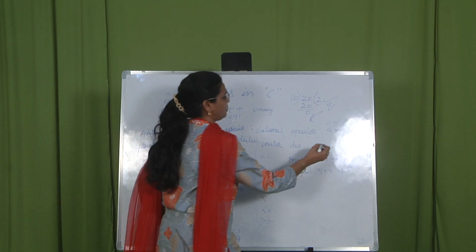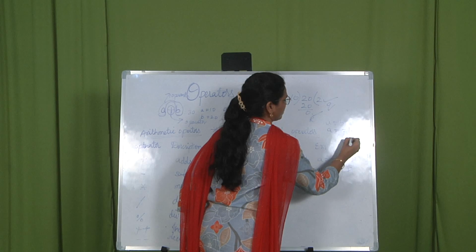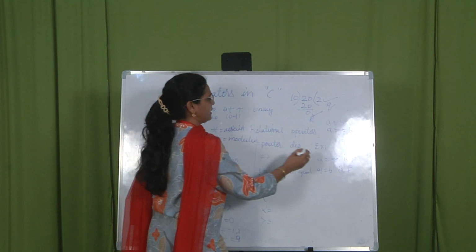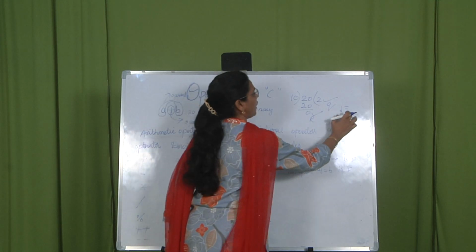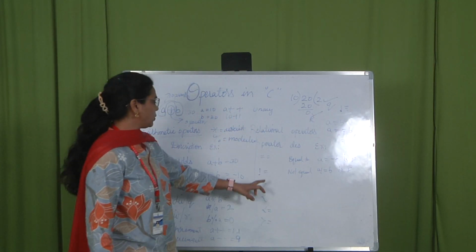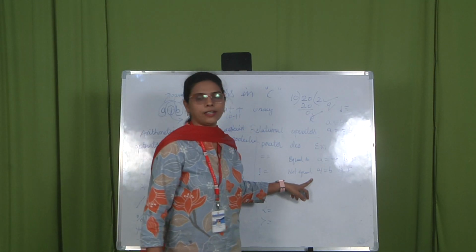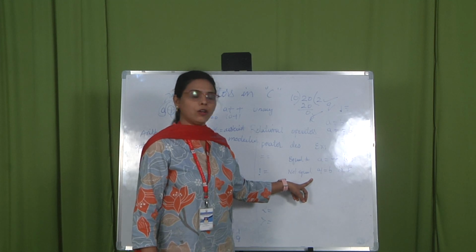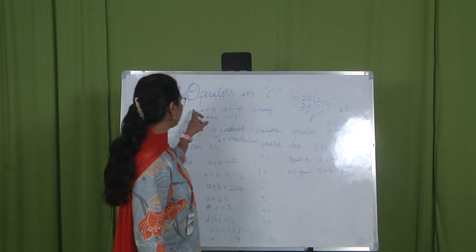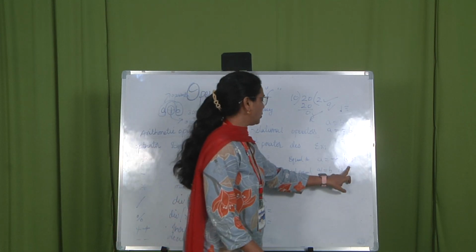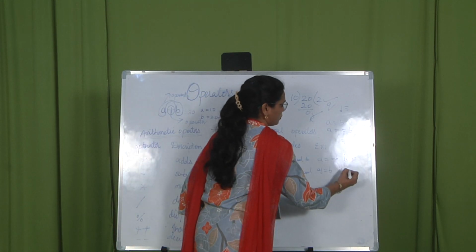In maths we use a different not equal to symbol, whereas in C language it is written with an exclamation mark and equal to. This is the not equal to symbol. It checks whether the two numbers are equal or not. So a is definitely not equal to b, because a is 10 and b is 20, so you get the answer as true.